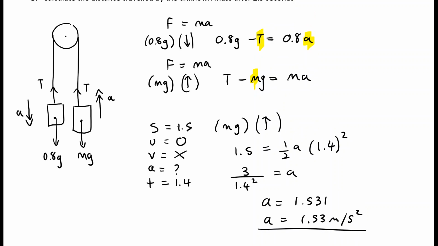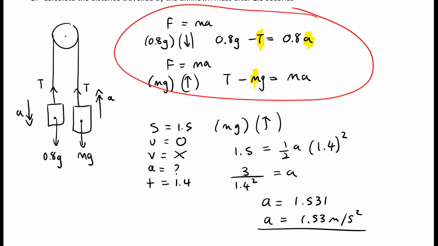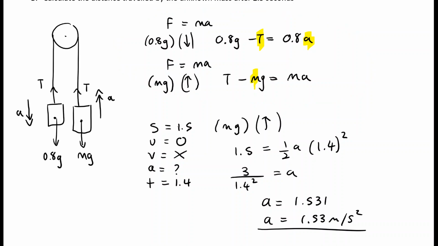Now we can go back to these equations here, and there will only be 2 unknowns. In fact, in the first equation there'll only be 1 unknown, making it much easier to solve.